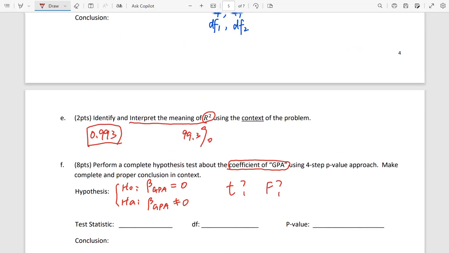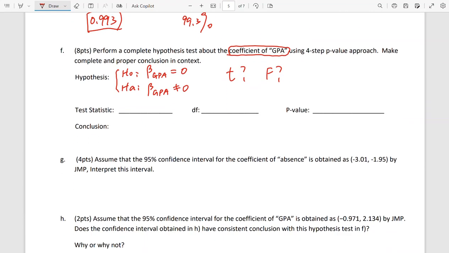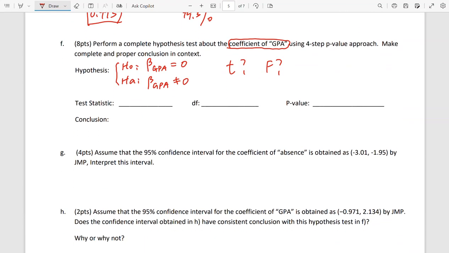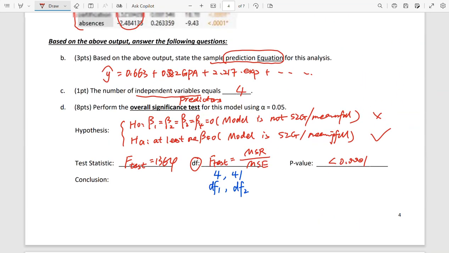When do we use the F-test? When we test all of these betas at the same time. But now you are not testing all the betas. You are testing just one beta. So we don't use the F-test. We use the t-test. So where do we find the t-test statistic for GPA?